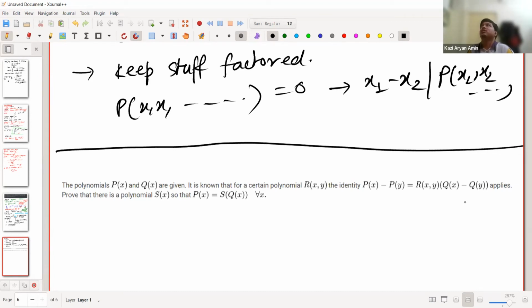Some stuff I also wanted to say about Lagrange interpolation, but I couldn't find very instructive problems on them. I'll try to give some in the problem set. Often you use Lagrange interpolation intentionally: say you have an n degree polynomial, you use Lagrange interpolation on n plus 2 points, such that the resulting polynomial has the x to the n plus 1 coefficient 0.